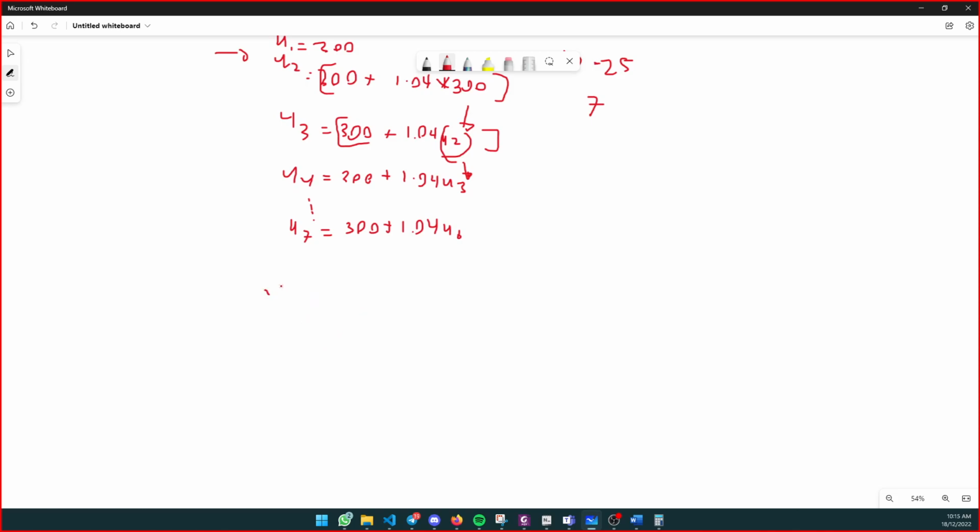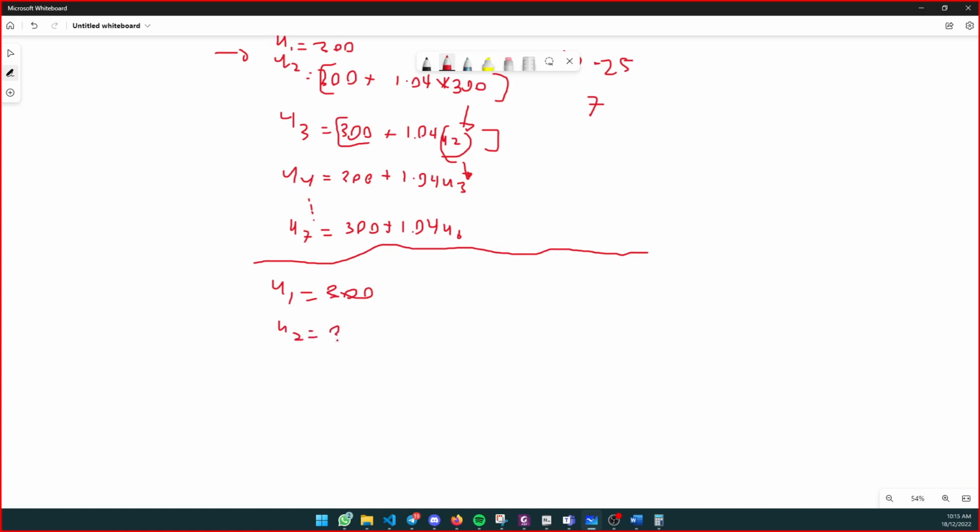So U7, I can also write it like this, equals 300 bracket... or maybe if I expand, it'll be nicer to show you. We have time. So U1 equals 300.